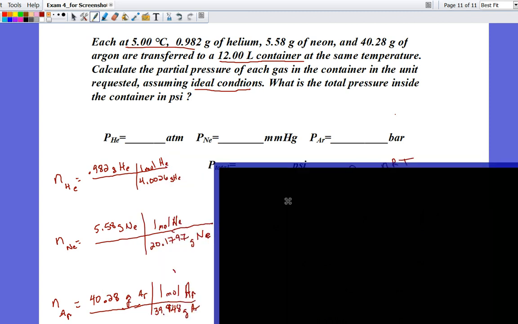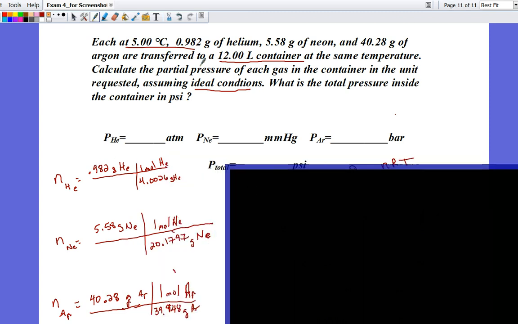So here I set these up based on what was given in the problem above. Use the mass of helium to convert it to moles, so that will cancel, and then the grams of neon to convert that to moles using the molar mass, and then the grams of argon using its molar mass to convert to moles.